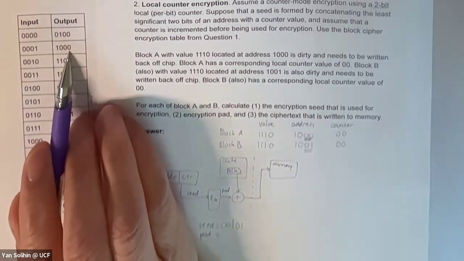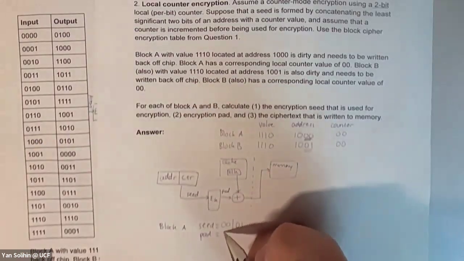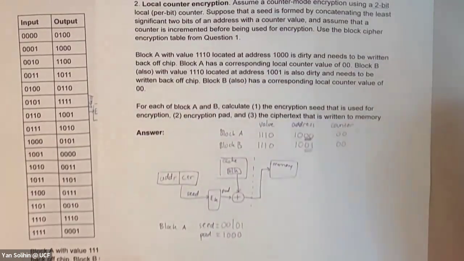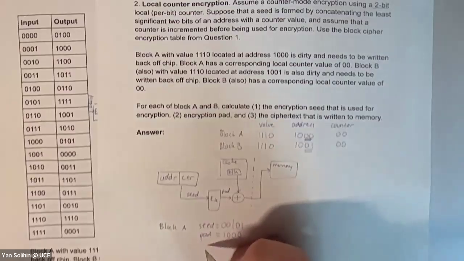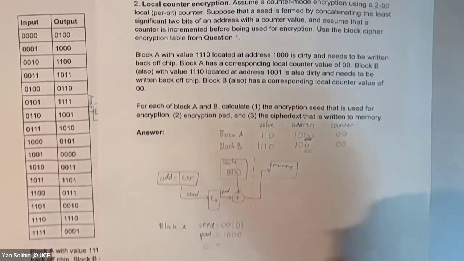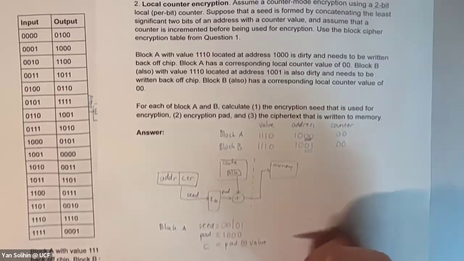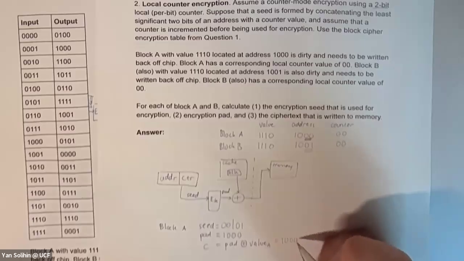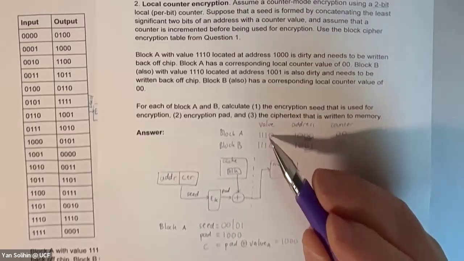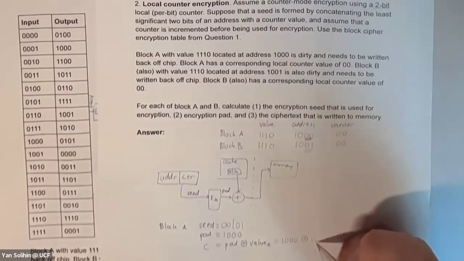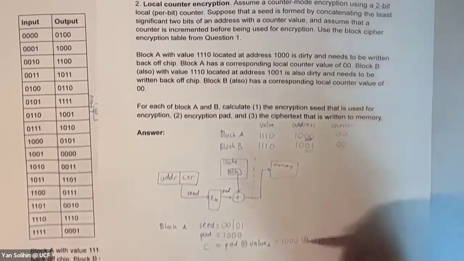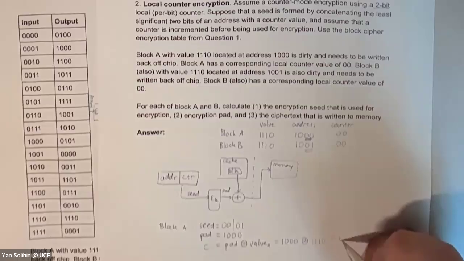The output is 1000, so the pad is 1000. Therefore the ciphertext is the pad XOR with the value of block A. The pad 1000 XOR with 1110 gives 0110.